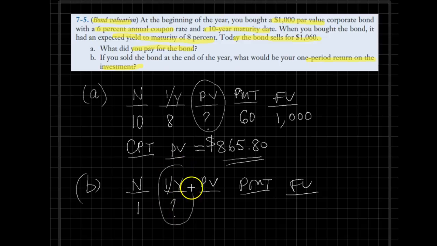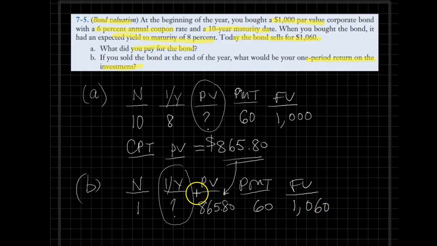Holding period return is the question mark, so I'll just leave it blank. The present value, the initial purchase price in that case, is $865.80, so we will input that from the previous step. The payments have not changed, and currently you are able to sell the bond at $1,060.